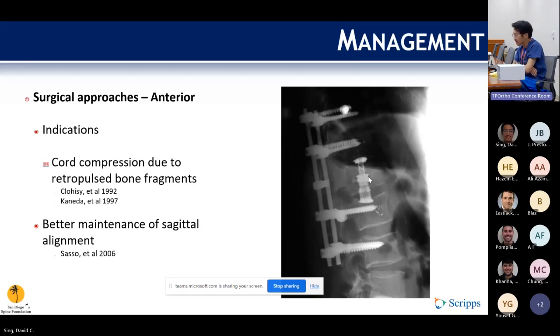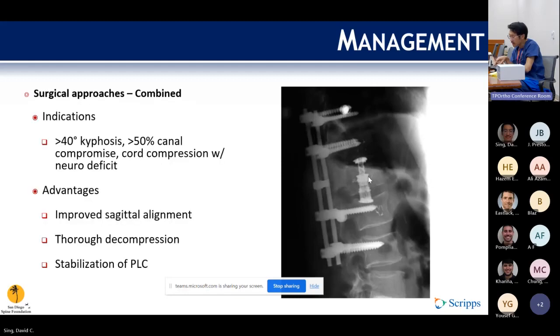But overall, if you're going front-back, you're more likely to achieve your goals of decompression and alignment, but you're perhaps devitalizing some tissue, and more incisions, more soft tissue disruption, more ligament takedown may delay the recovery process in its own way.